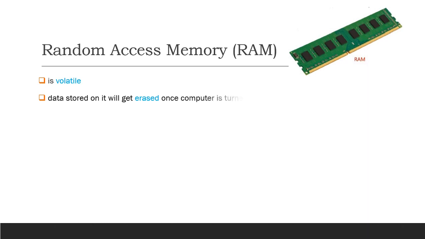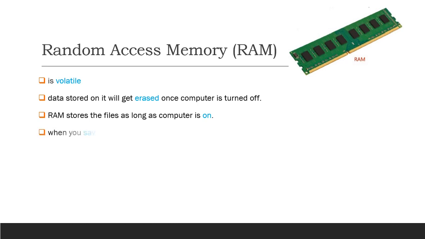So when the computer is turned off, the data inside the RAM will get erased. That means it is volatile. RAM stores the files as long as the computer is on. Once the computer is switched off or the power is off, the data inside the RAM will get lost.